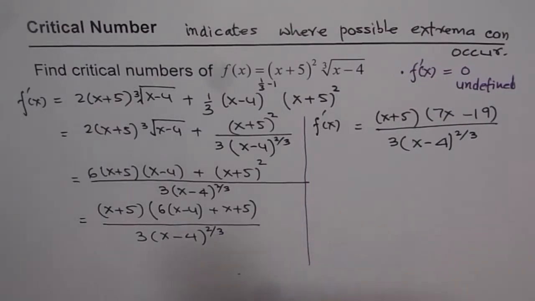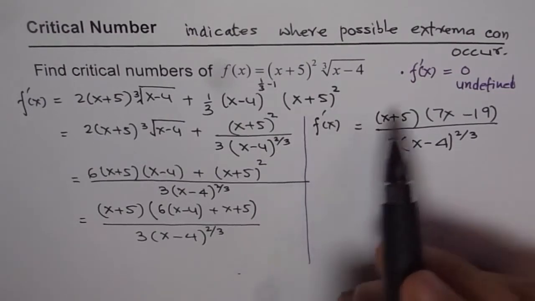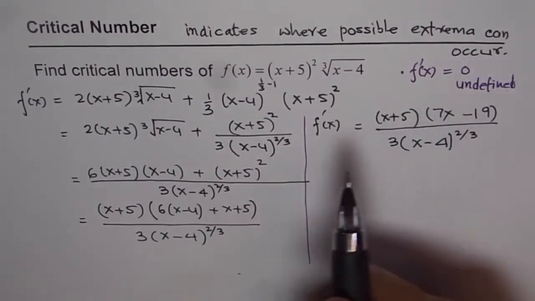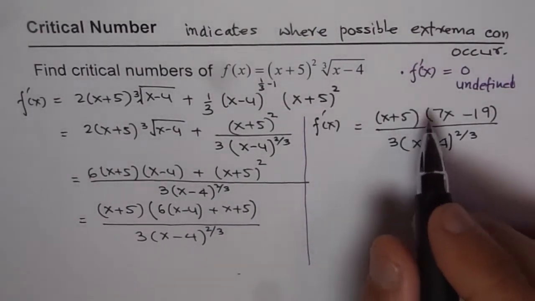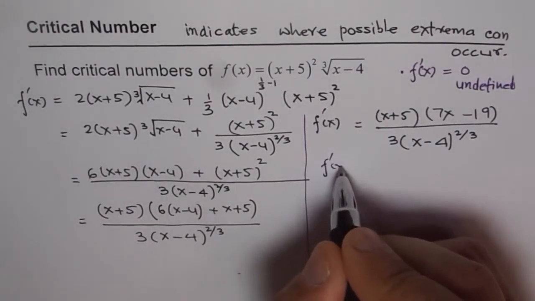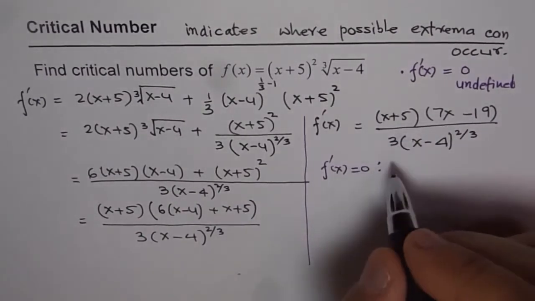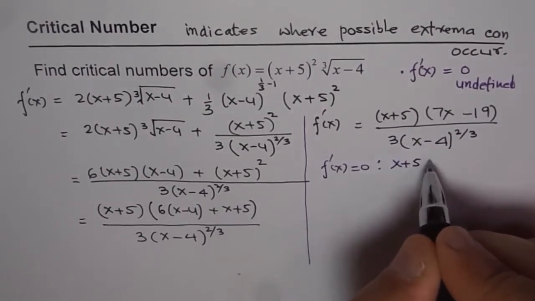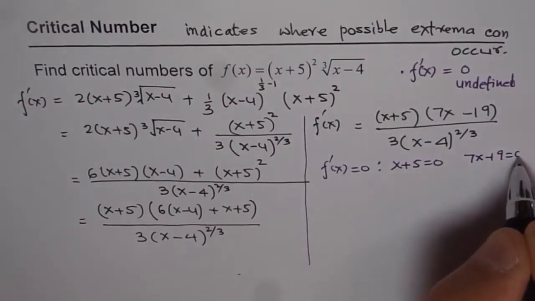Now to find a critical number, as I was indicating, f dash x should be either 0 or undefined. So let's figure out the points where f dash x is 0. f dash x equals 0 means the numerator should be 0. That means either x plus 5 equals 0 or 7x minus 19 equals 0, right?